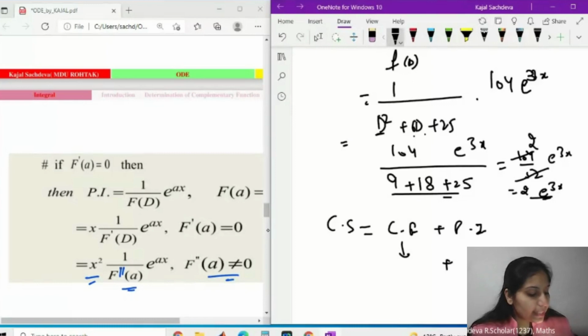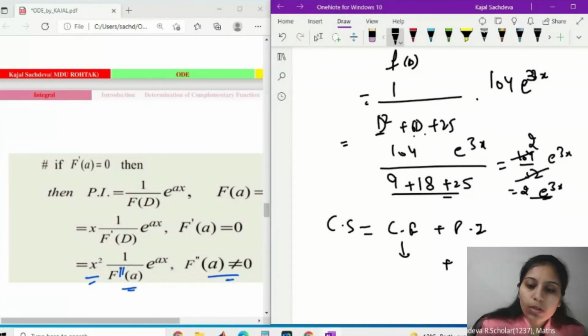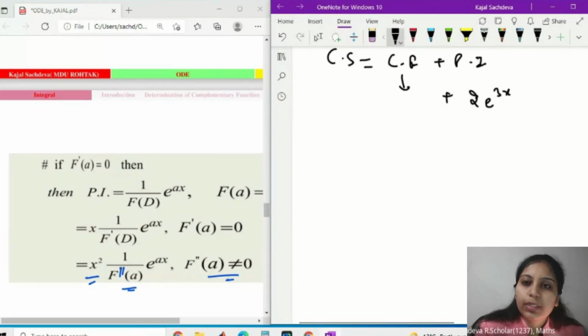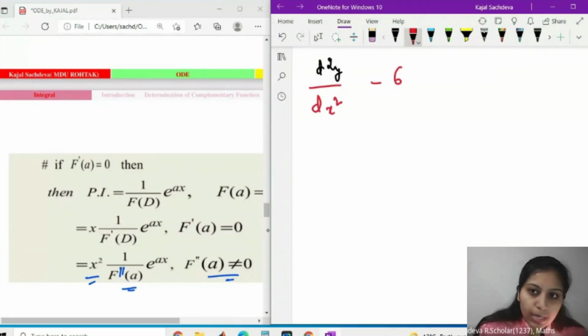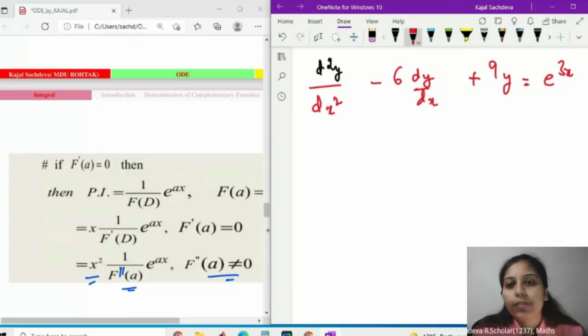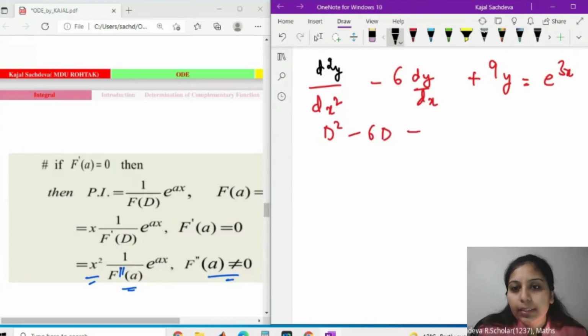So let's take a case of failure also, when f(a) is equal to 0. Let's take an example: d²y/dx² - 6 dy/dx + 9y = e^(3x). In this case, when we find the CF, we write D² - 6D + 9 = 0, which is the symbolic form.